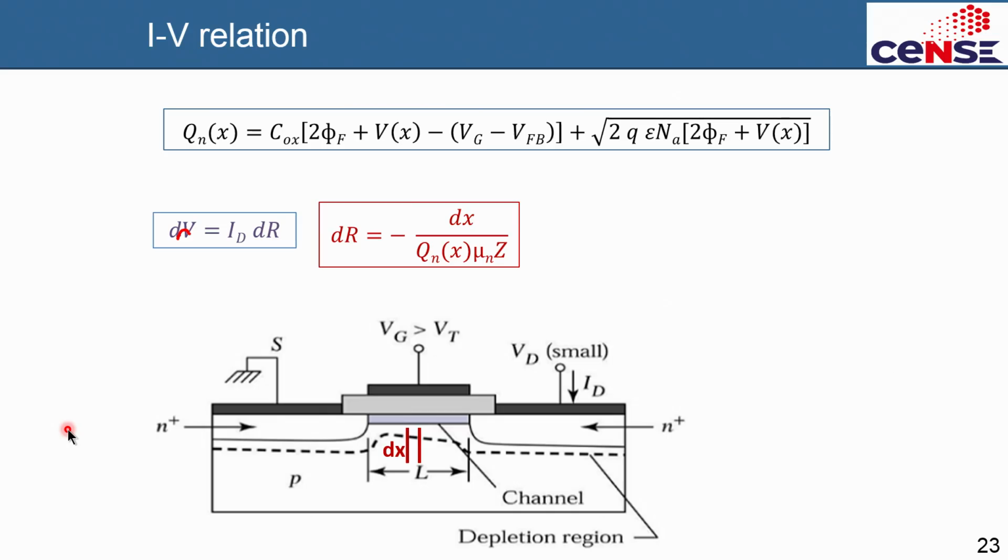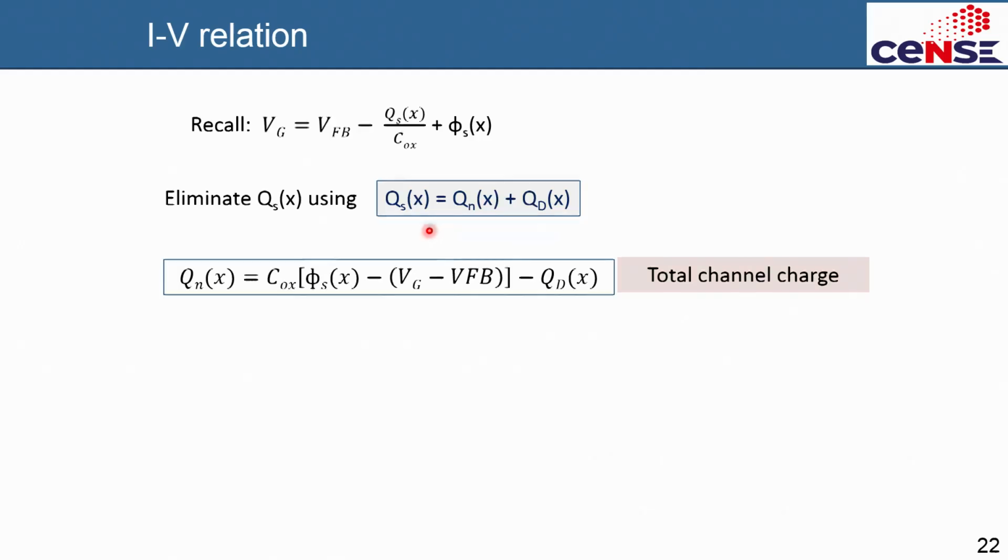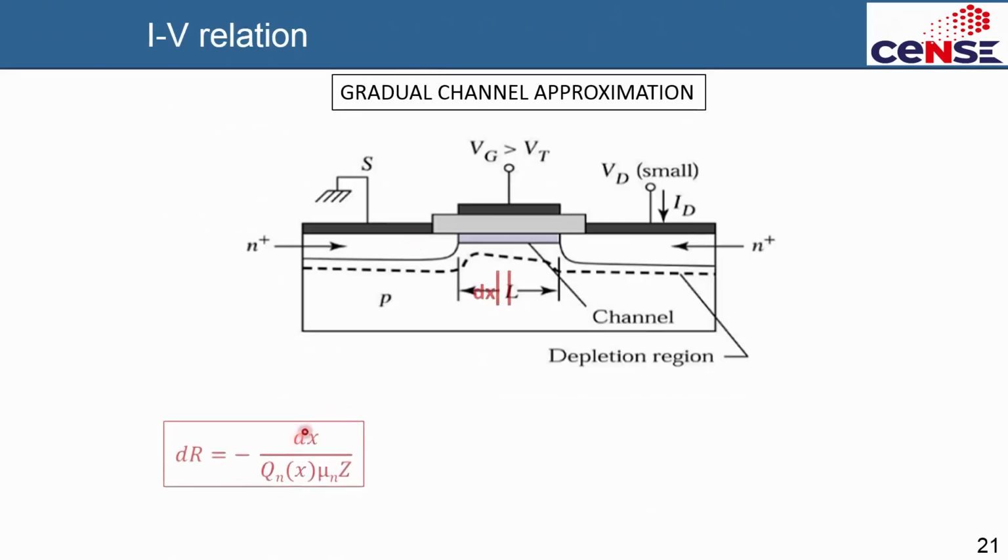Essentially the voltage that is dropping across your differential element dx here will be equal to dV, which is equal to the current that is flowing, the current has to be continuous everywhere, ID, times the resistance here. And dR, if you recall from this previous expression over here, is this.